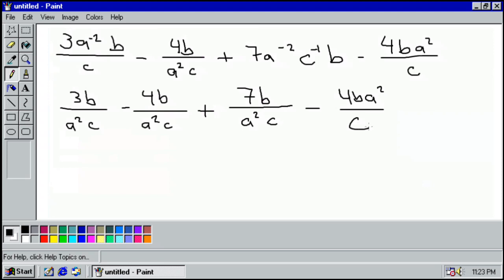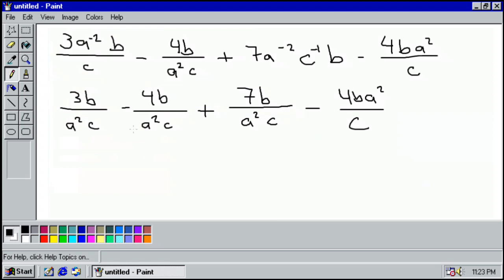So what do you notice? As you can see, the denominator on this part is the same, and we also have the same variables on the top.